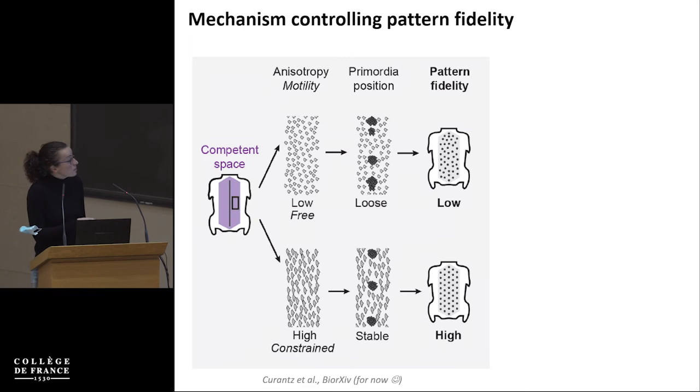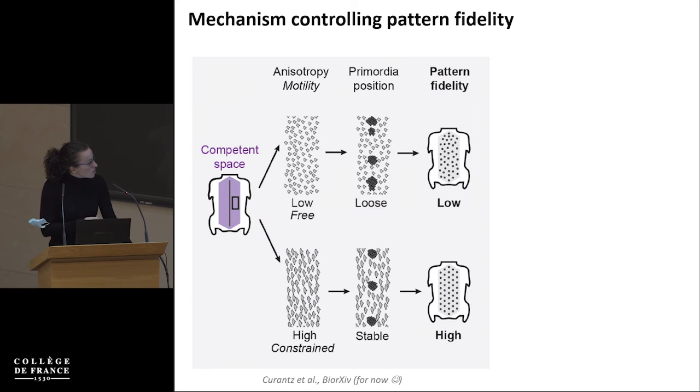So here is a summary of this data. That would be a scheme representing a bird without a head. That's the space competent to form a feather array. And within this competent space, in some species, cells are isotropic, so that's the case of the emu or the ostrich, or in an experiment where we impair anisotropy. If cells are isotropic, they're free to move. The primordia form through self-organization, but their position is rather loose, and we obtain a low fidelity pattern.